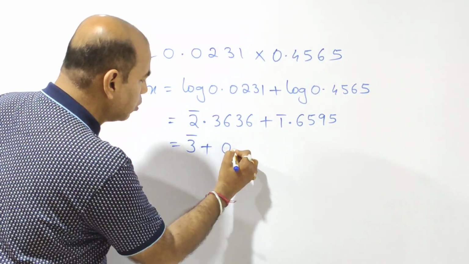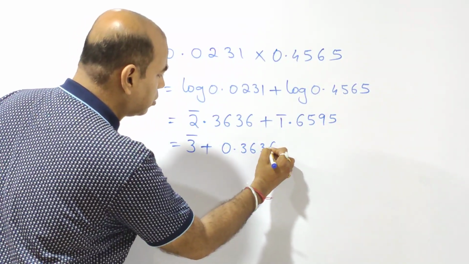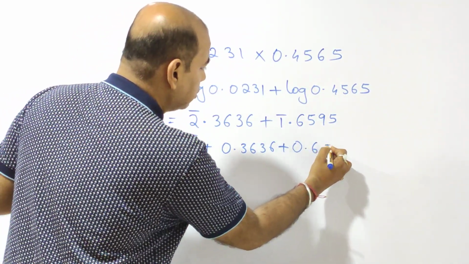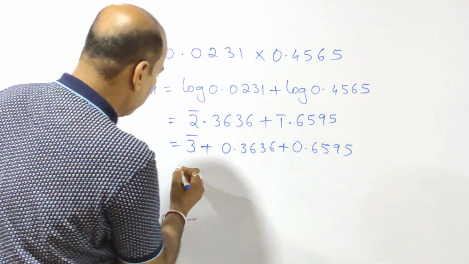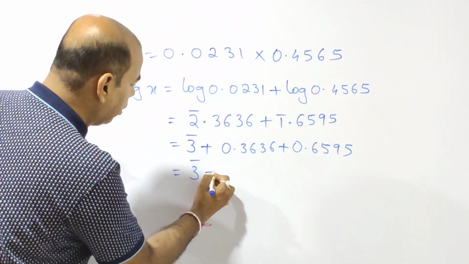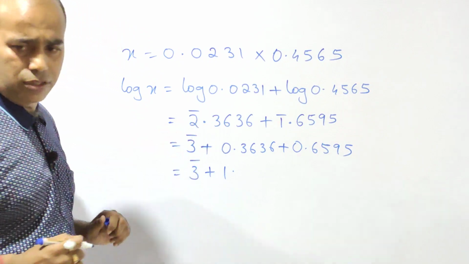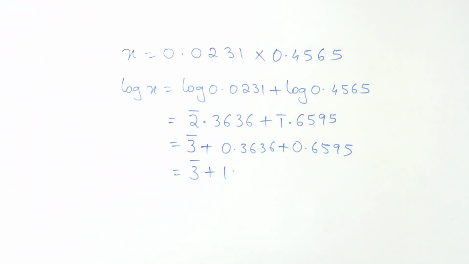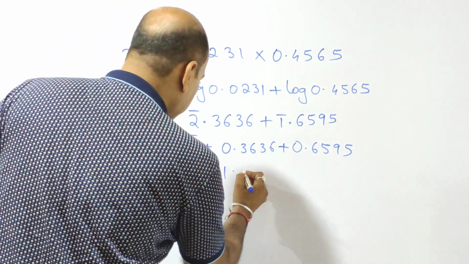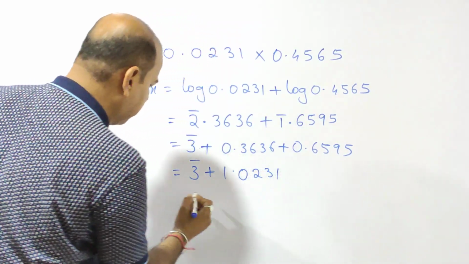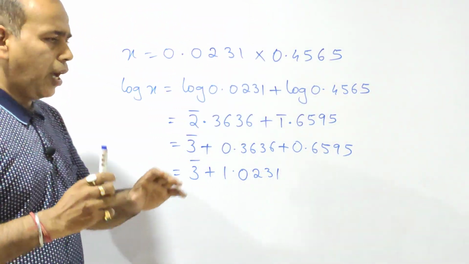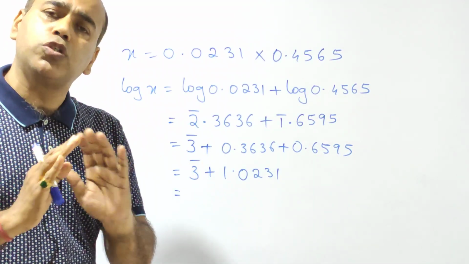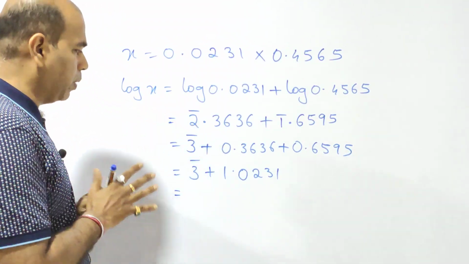Then I will add 0.3636 plus 0.6595. On adding, this is 3 bar plus 1.0231. Now, I already told you that the decimal part should not be negative. The decimal part should be positive.